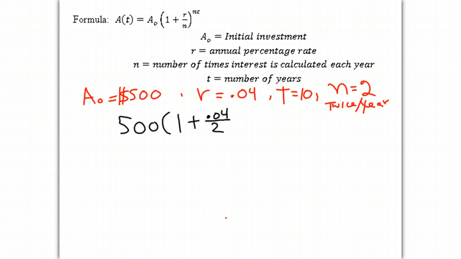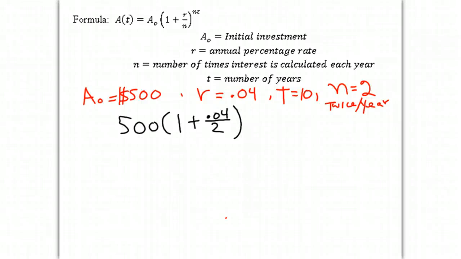Since 0.04 divided by 2 is 0.02, what that's saying is we're doing 2% after 6 months, and then 2% again 6 months later. So essentially, you're going to have to divide your rate by the number of times you are compounding in a year. In this case, we're dividing it by 2. So the rate is 0.04 divided by 2, or 2% at the end of the first half of the year, and then 2% again the next half of the year.